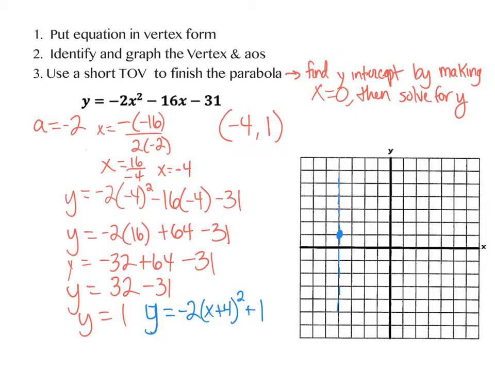Y-intercept means I'm plugging in 0 for x. Let's do it in purple so that it's all separated. Y equals -2 times 0 squared, minus 16 times 0, minus 31.